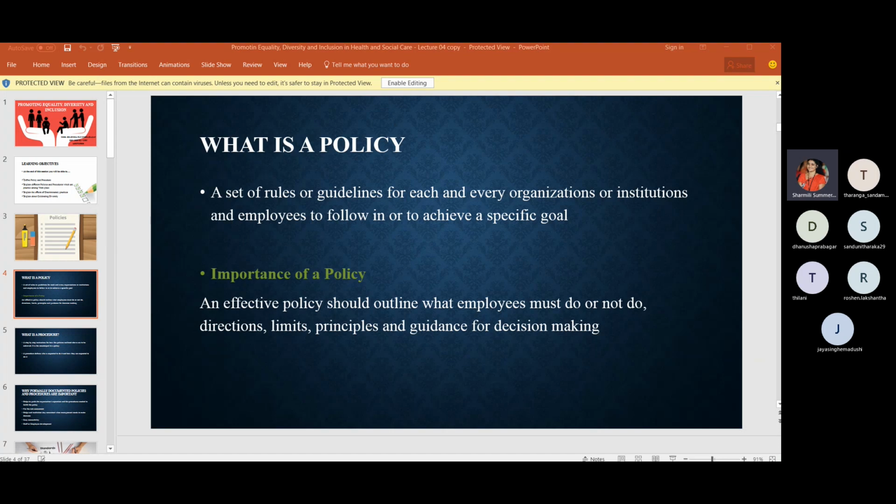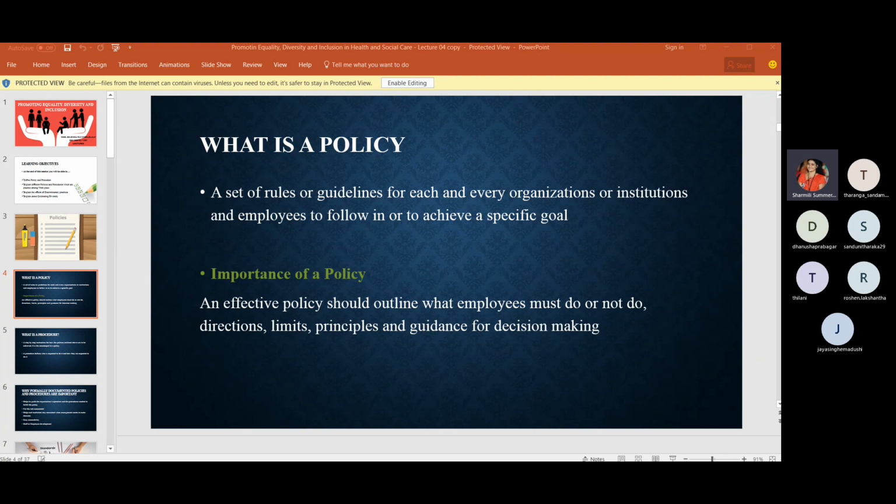And when we talk about any IT company or any other field, they are different. So depending on each institution, they have separate rules and guidelines.